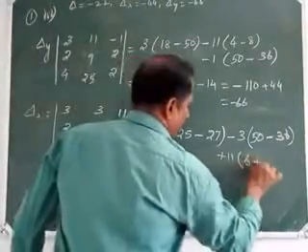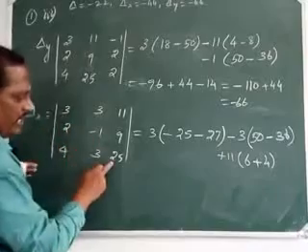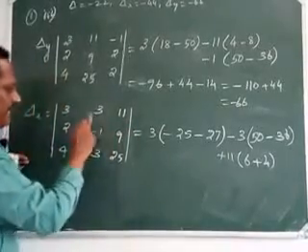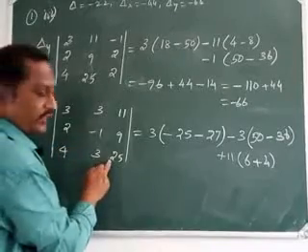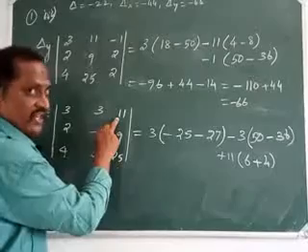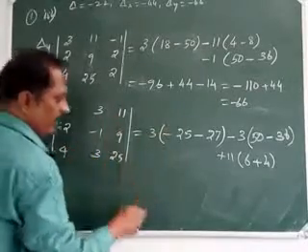are 6 minus 4 plus 4, so 3 into minus 25, 9 threes are 27 minus 27, and minus 3 into 2 25s are 50, plus 9 fours are 36, that is minus 36, plus 11 into 3 twos are 6 minus 4 plus 4 is 10.